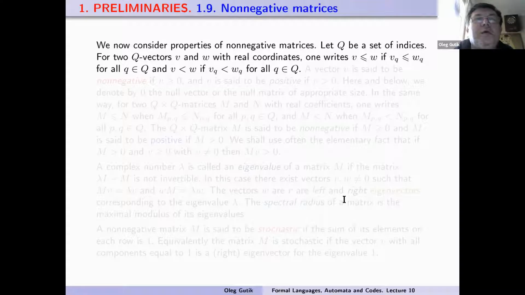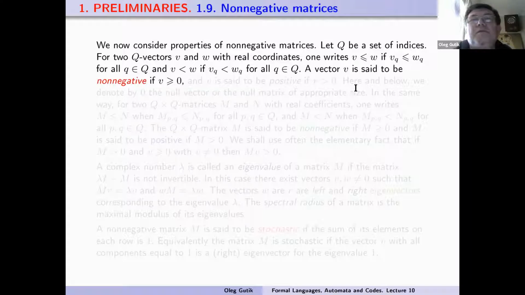For two vectors V and W with real coordinates, one writes V is less or equal W if V_q is less or equal W_q for q from Q, and V is less than W if V_q is less than W_q for all q from Q.